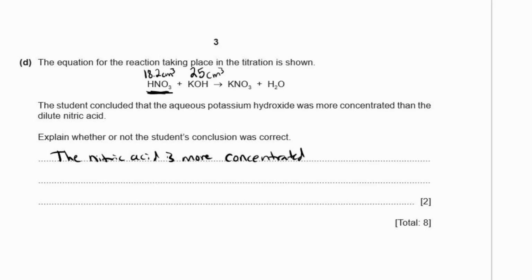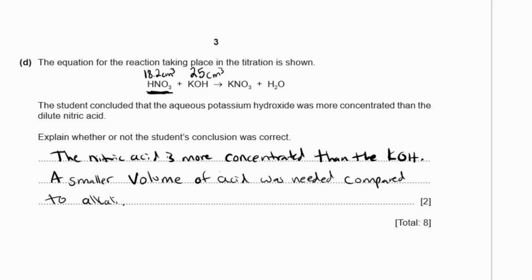And you know that because there was a smaller volume of nitric acid than potassium hydroxide in this neutralization reaction. So the nitric acid is more concentrated than the KOH, and a smaller volume of acid was needed compared to the alkali. That's 2 marks. 1 mark is saying which one is more concentrated, and the other is saying how do you know.